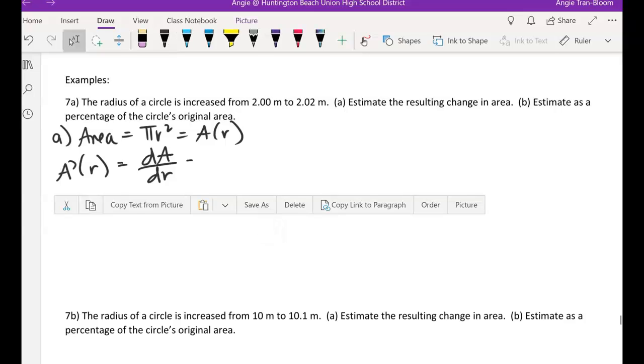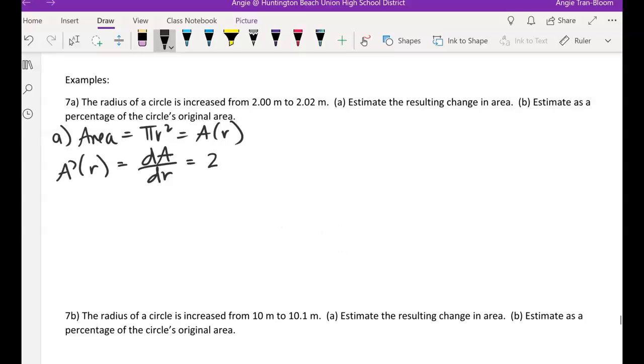All right, so derivative says power rule, drop down to 2 times pi times r, voila. Then I would like to solve for dA, which means I need to multiply both sides by dr. Would you agree? So dA equals 2 pi r dr.